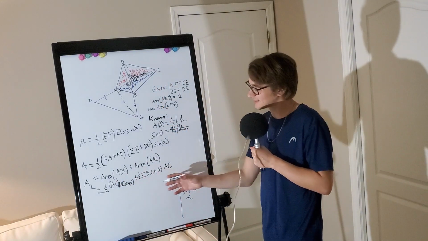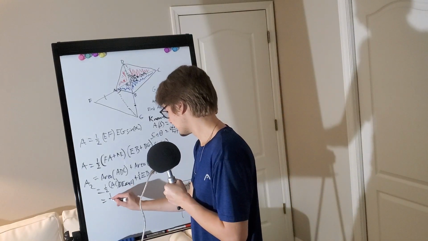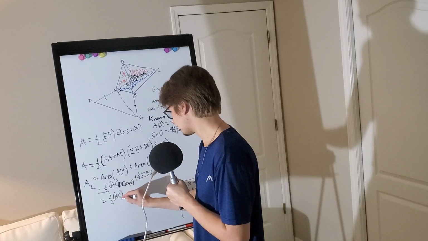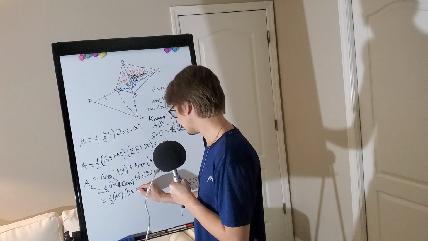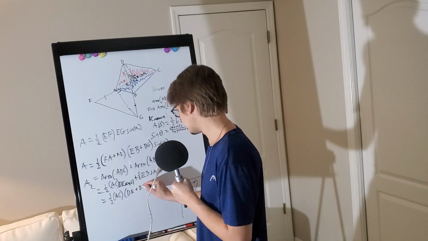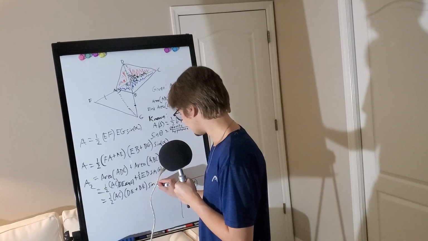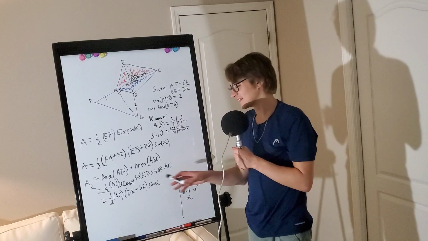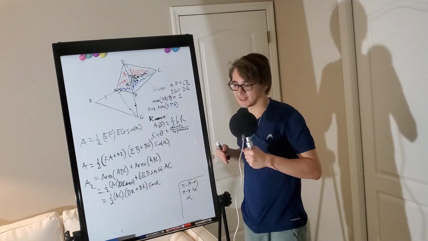Okay, so let's clean this expression up a little bit. This is just 1/2 AC (DE plus BE) sine of alpha. All right, so now we have this expression, but we have AC here. That's a pretty big line.